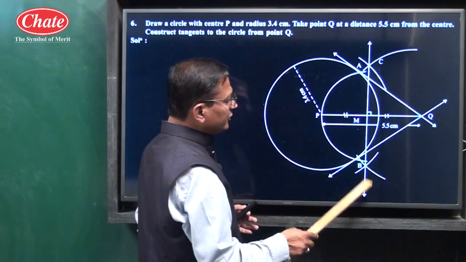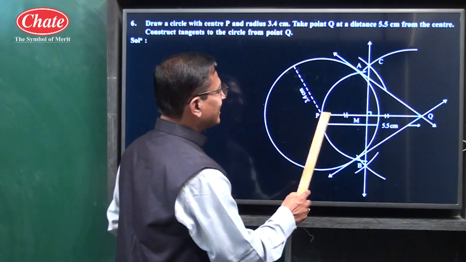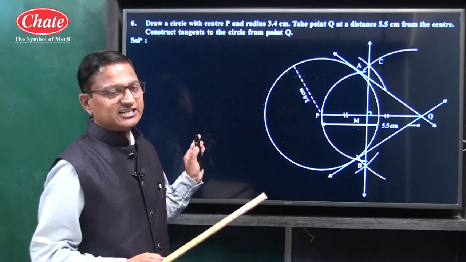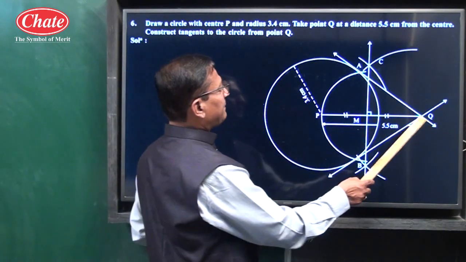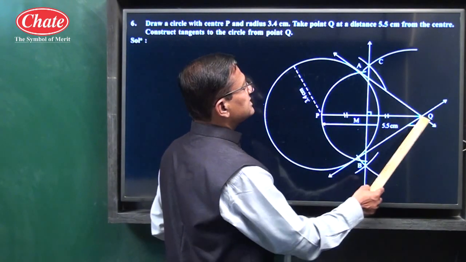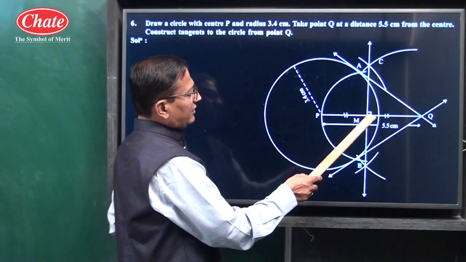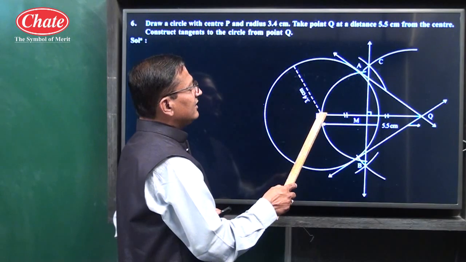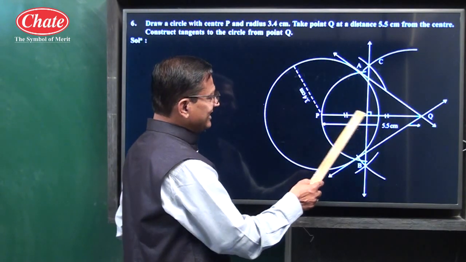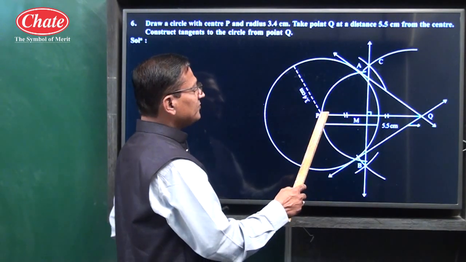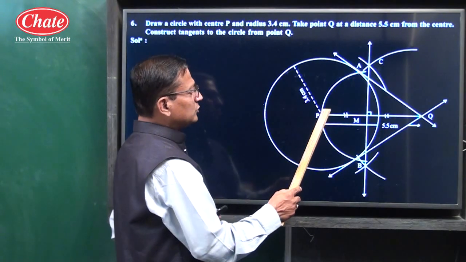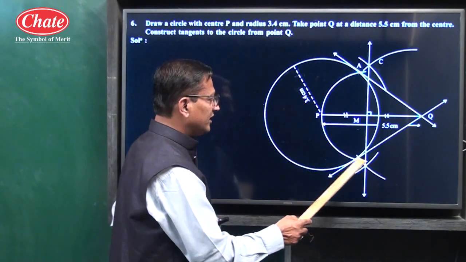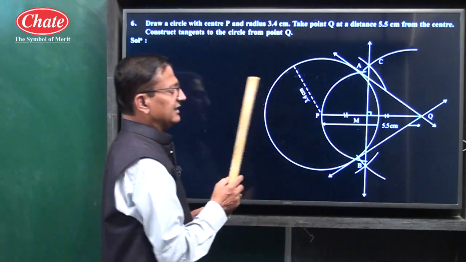draw a perpendicular bisector of segment PQ. First basic construction, we have to draw a perpendicular bisector of segment PQ. This point is a center. Draw a circle with this radius. So the circle passes through P and Q, and this is the center.